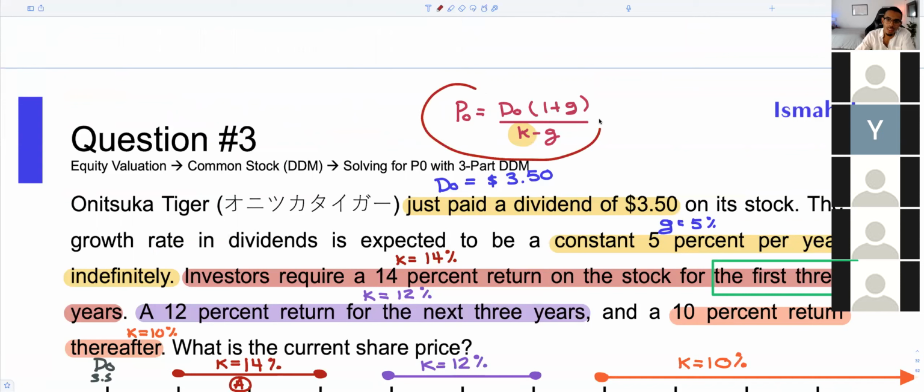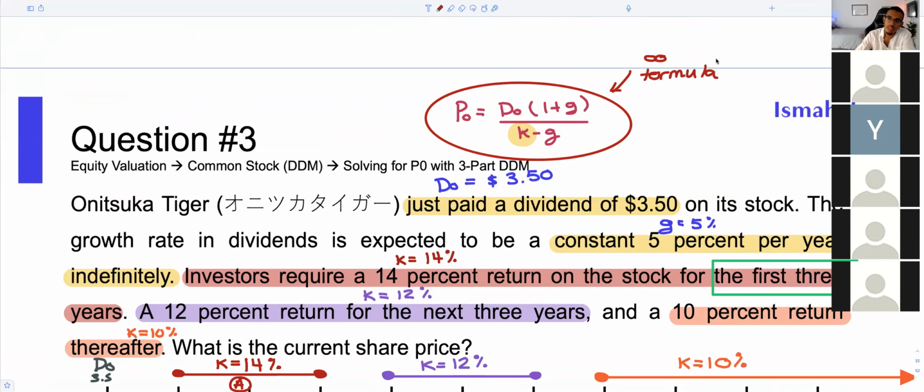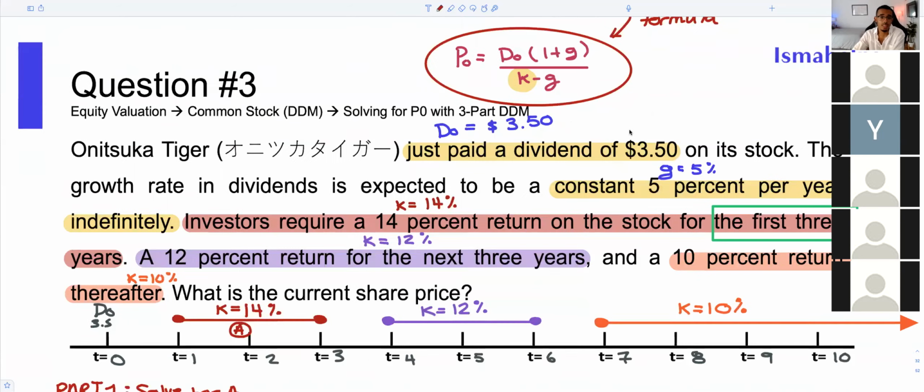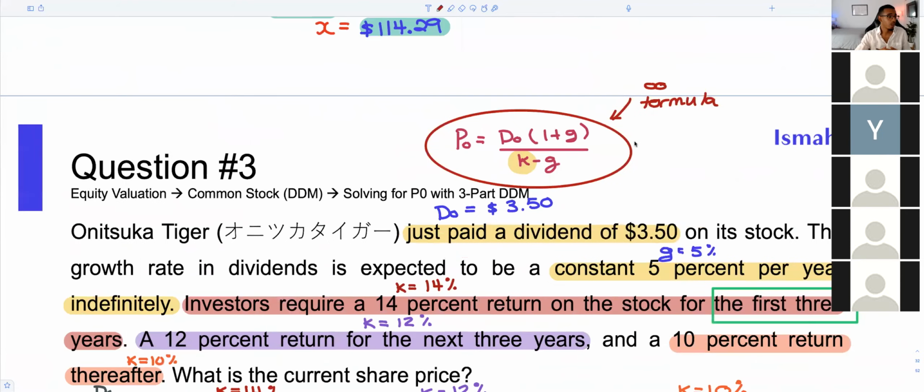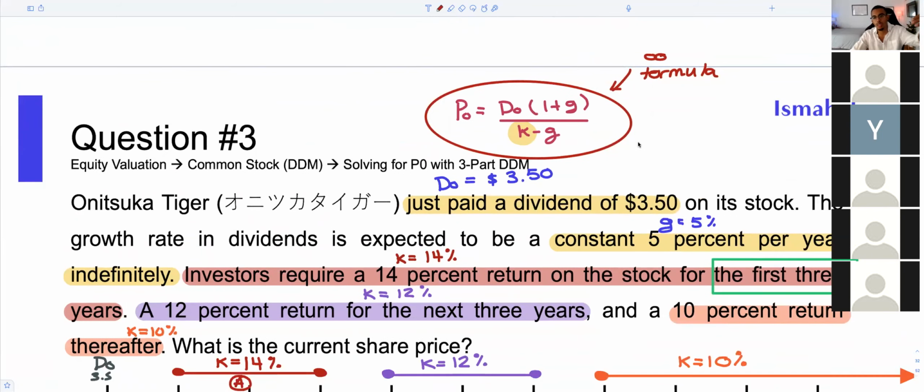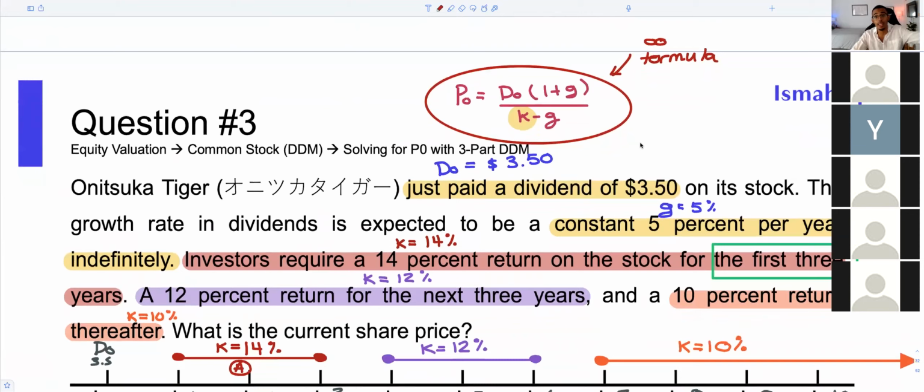But this right here, what it is really, it's a perpetuity formula, right? And a perpetuity formula means that the cash flows will occur forever, okay? You need those dividends to occur forever, and that growth rate to maintain forever and that K to be the same one forever.